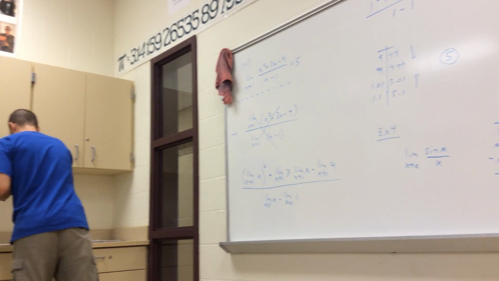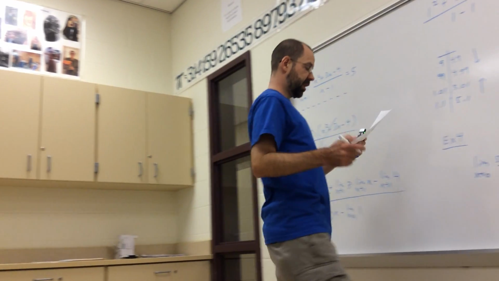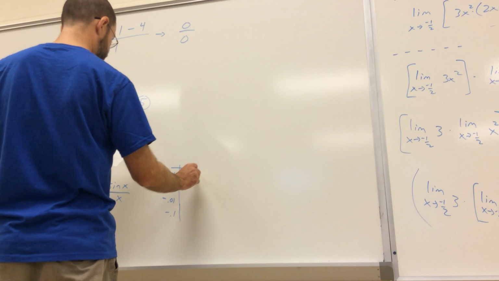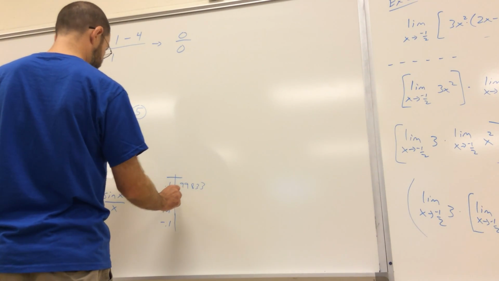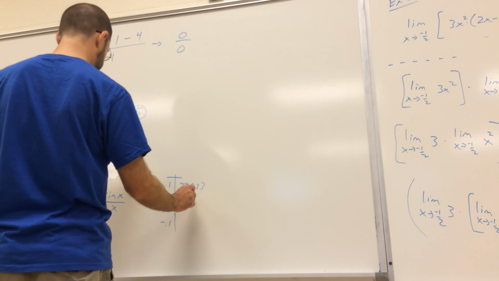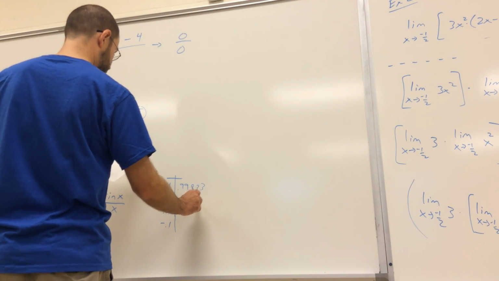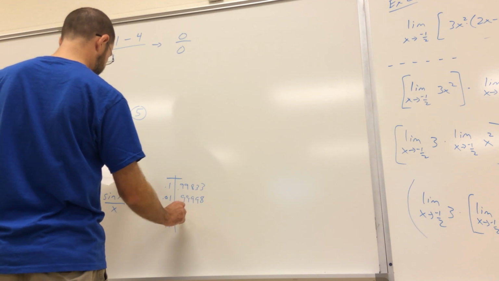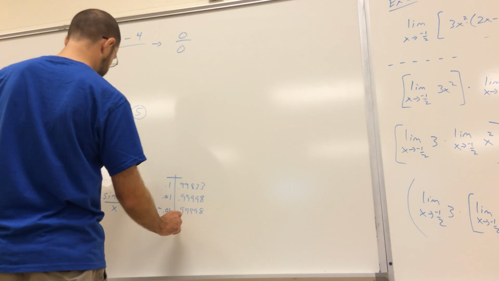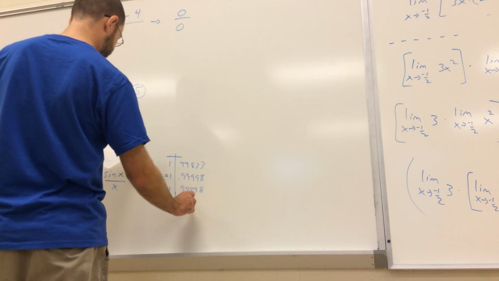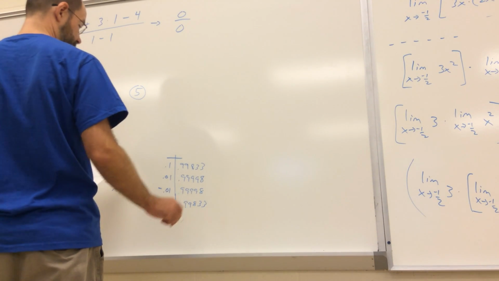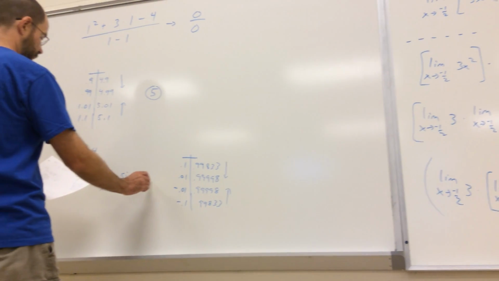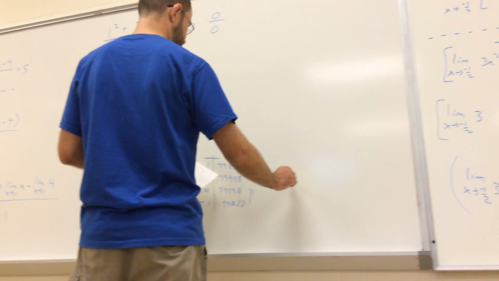And I've actually typed this in some other years, and 0.1 spits out 0.99833, and 0.01 spits out 0.99998, and this spits out 0.99998 and 0.99833. So these are getting close to 1. So this limit is 1. Final answer is 1.